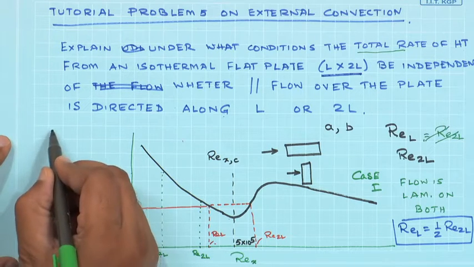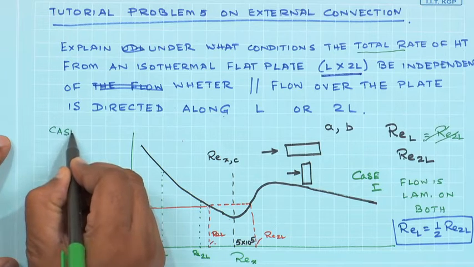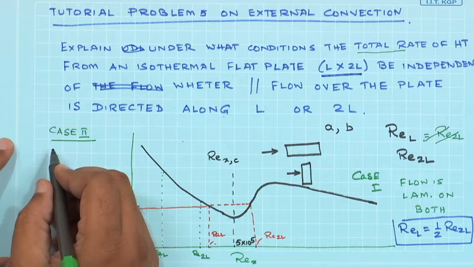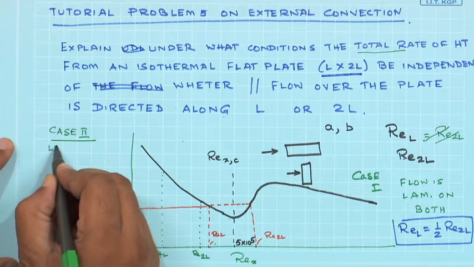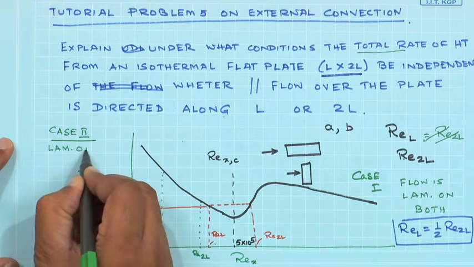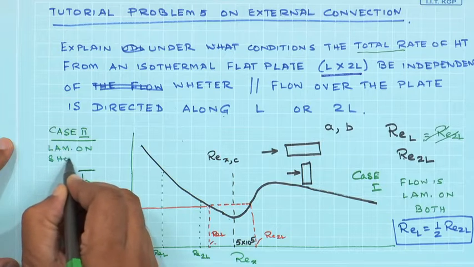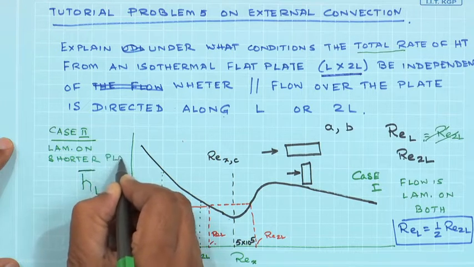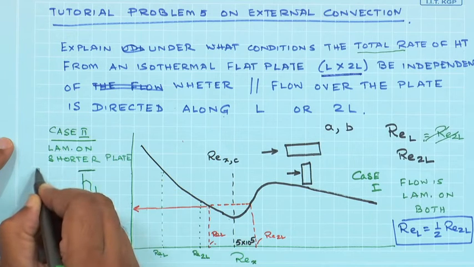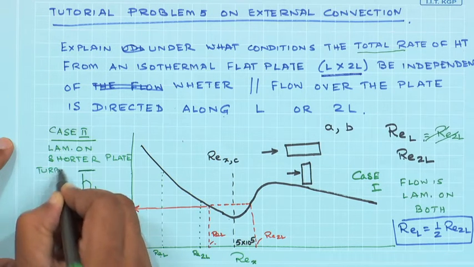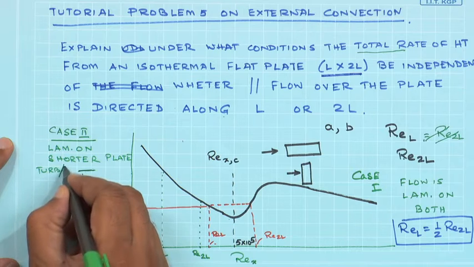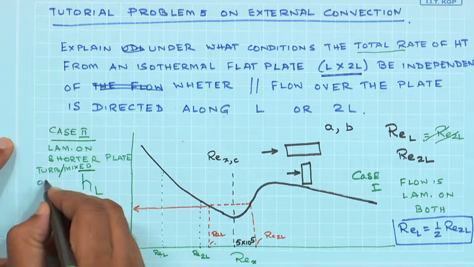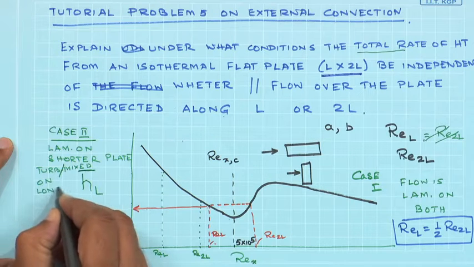So, my case 2 in this case is laminar on the shorter plate, turbulent or mixed flow on the longer.